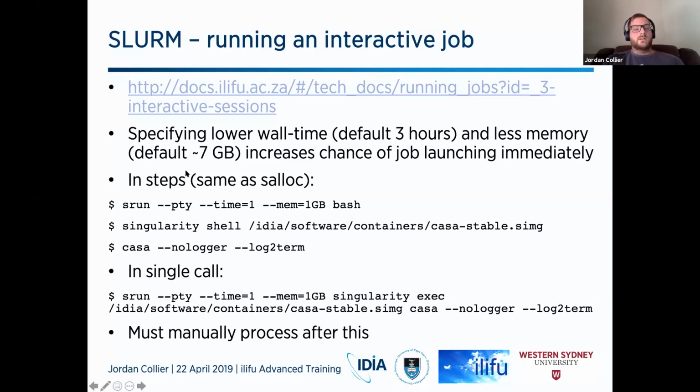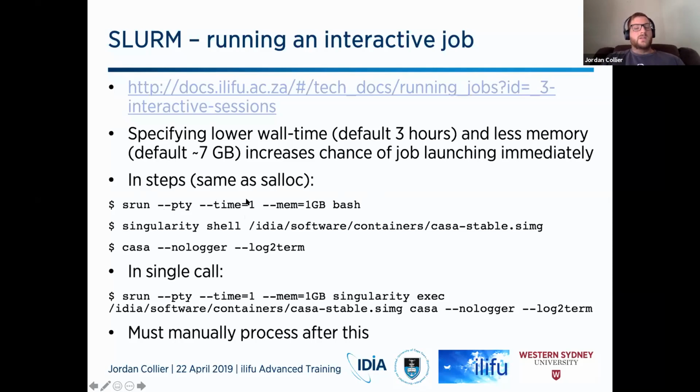And so if we do this in several steps, we could either use salloc or srun --pty bash. I've used srun in this case. So I can launch bash in this way using time equals 1, which means 1 minute, and then memory equals 1 GB.